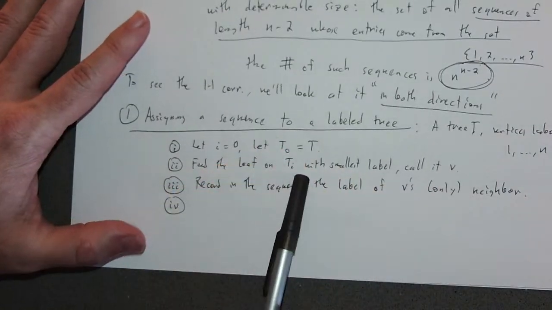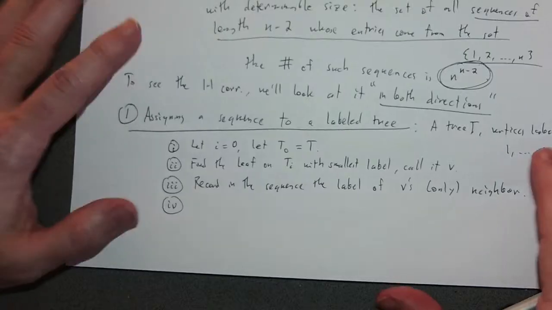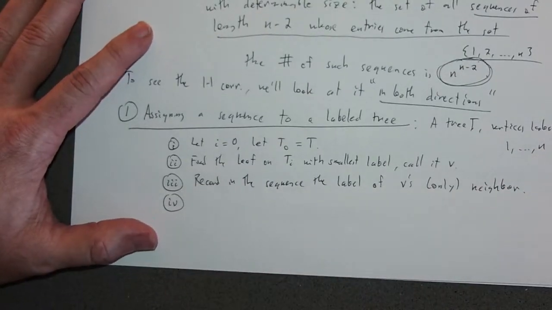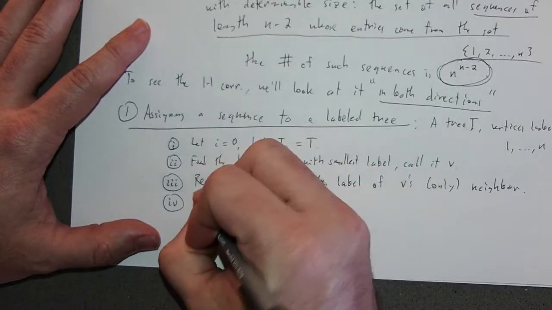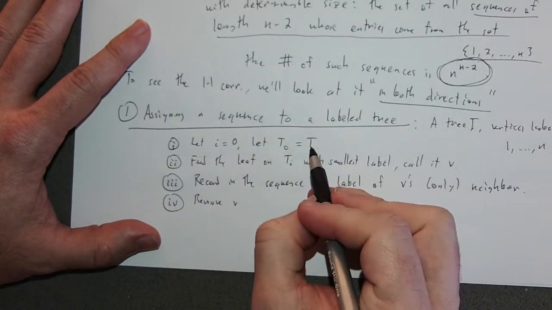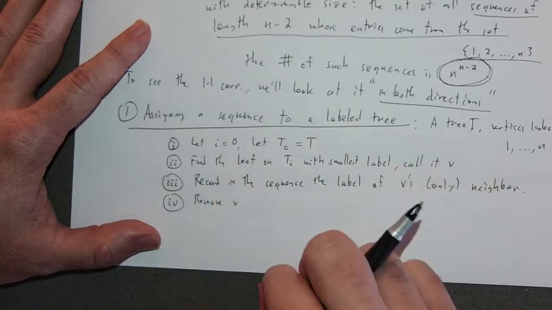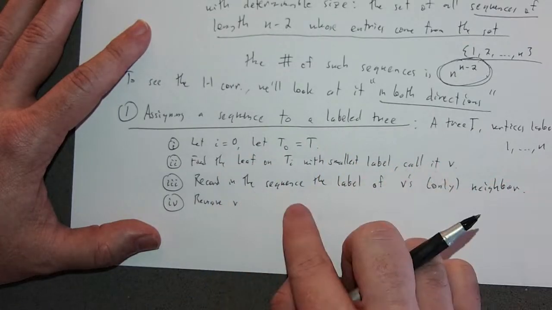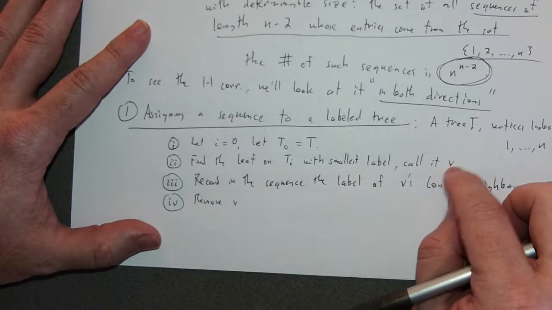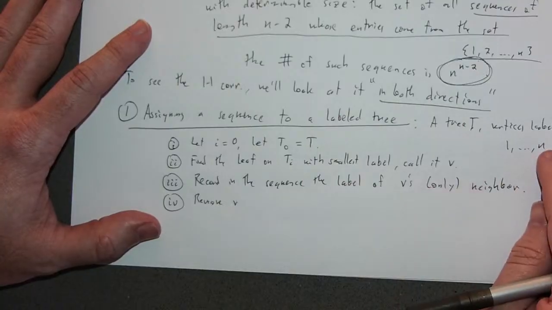To iterate to get to the next tree that I'm going to do this process on, I remove v from T sub i to create a new tree. Remember, at the 0th step we are at T, so this is basically finding the leaf with smallest label, calling it v, looking at its neighbor, putting that as the first term in the sequence, removing v, which leaves me with a tree on n minus 1 vertices.